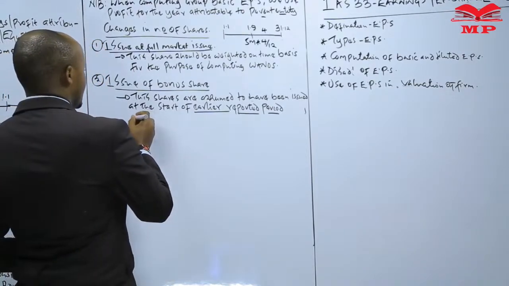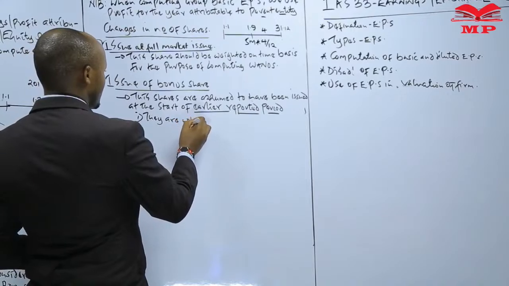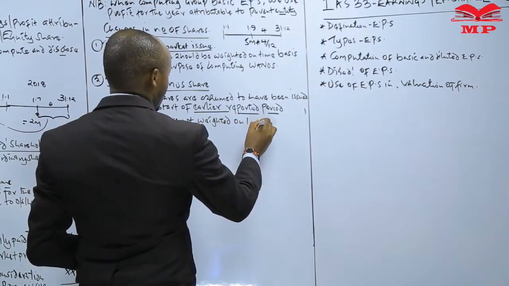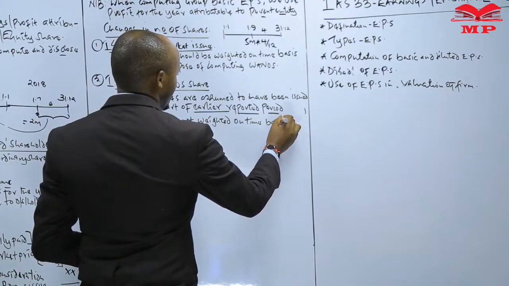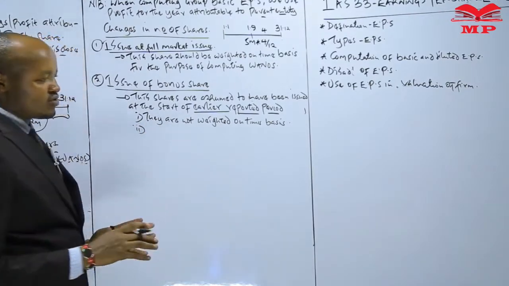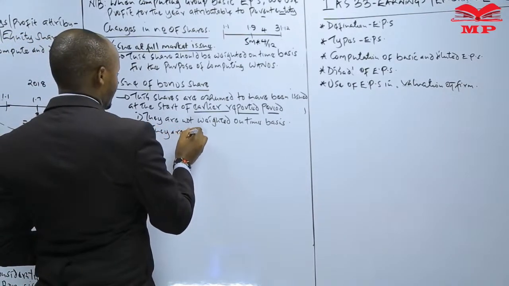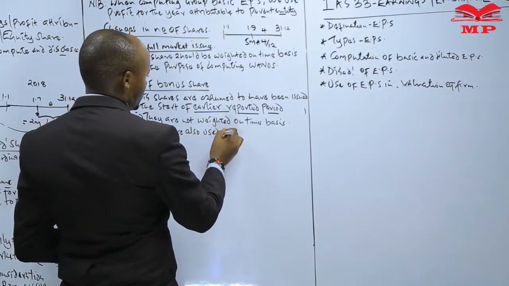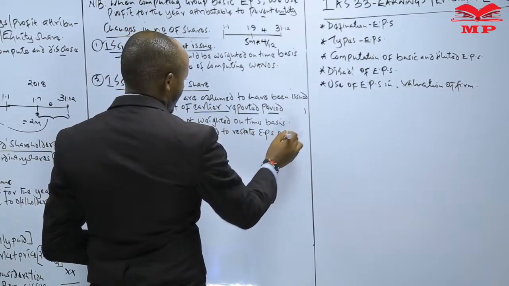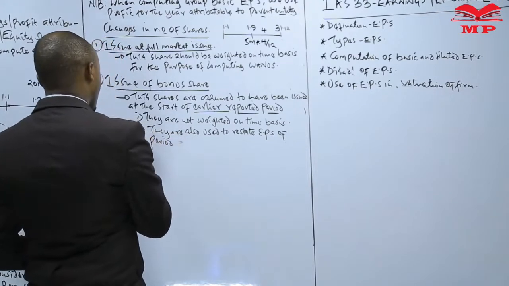As a result of that, one, these shares are not weighted on a time basis for the period they were outstanding during that financial year. 2, these particular shares are used to restate, or basically to adjust, the earnings per share of the previous year.